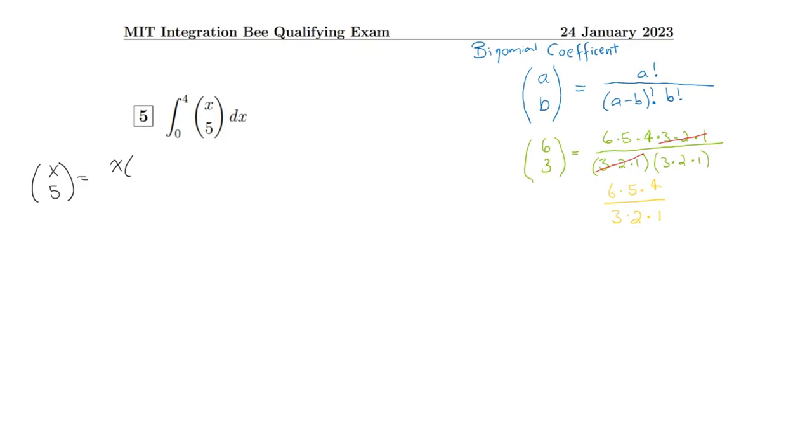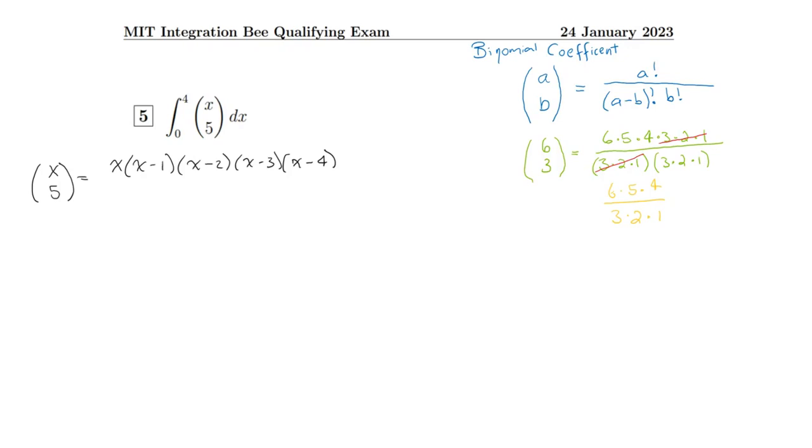That'd be x times x minus 1, times x minus 2, times x minus 3, times x minus 4. And the question here is, where do we stop? Because if x were the number 10, then we would do 10 times 9 times 8 all the way down to 1. But since x isn't explicitly stated, we may be curious as to where to stop.